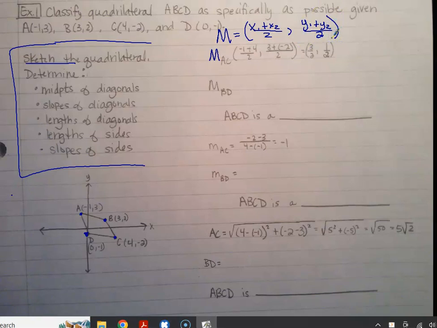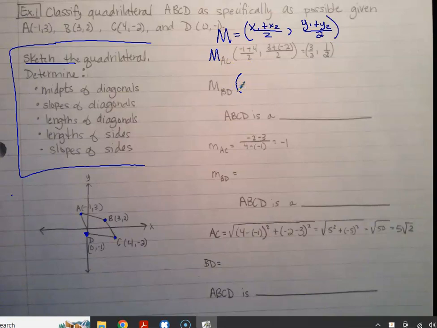Does that make sense? For AC, I took those values, -1 and 4, and the y values are 3 and -2. Plugged them into the formula, and we got the midpoint of 3/2 as our x and 1/2 as our y value. So we need to find the midpoint of BD.